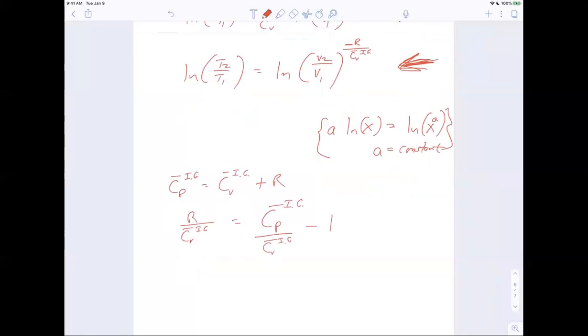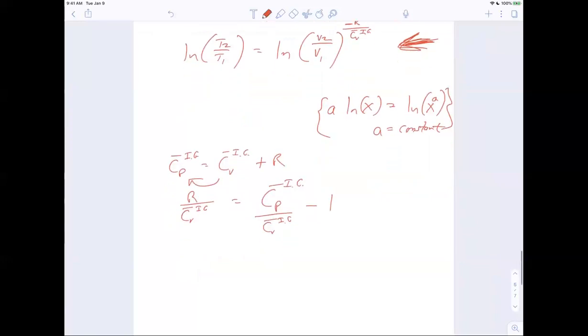What I did was bring the CV bar over to this side, and then divide everything through by CV bar. And so minus R over CV ideal gas is just going to be 1 minus CP over CV.